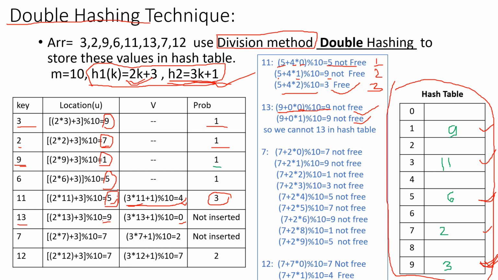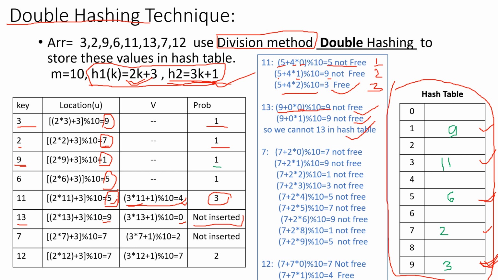So you cannot store 13, because even though you are using the second hash function, you still get the same index, which is not free. That is the reason I have written not inserted. 13 is not going to be stored in the hash table because you always get the 9th index.